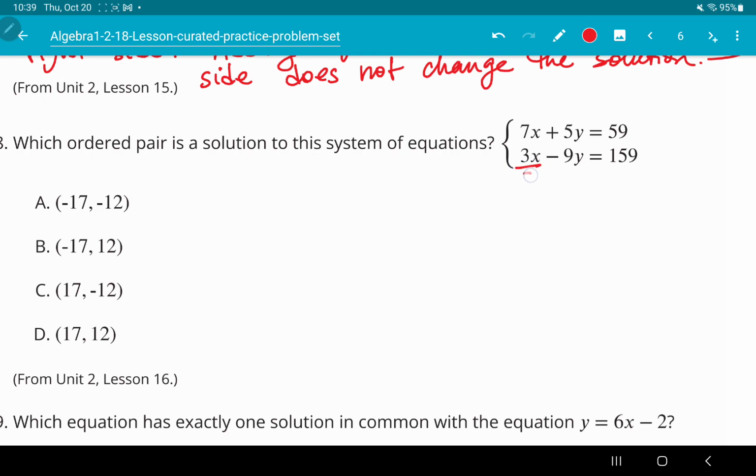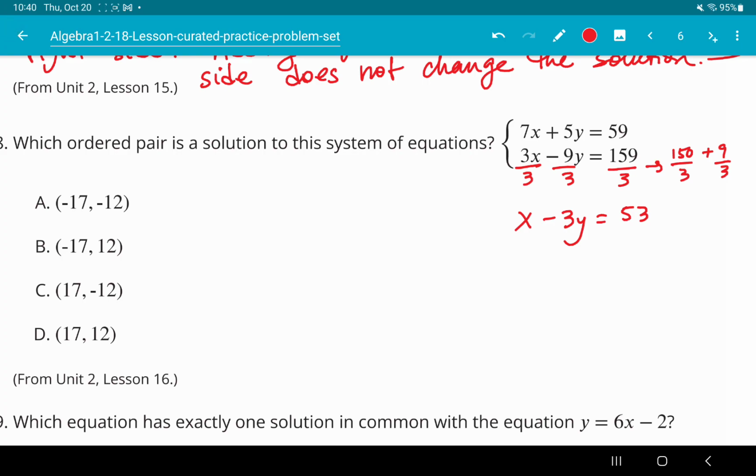If I divide this by 3, and this by 3, and this by 3, I'm going to get x here. I'm going to get 9 divided by 3, that's 3y. And now 159 divided by 3, I'm going to break this up into 150 plus 9. So I'll divide 150 by 3 and the 9 by 3. So I know this is going to be 53. So there's 53. And now I've still got this 7x up here.